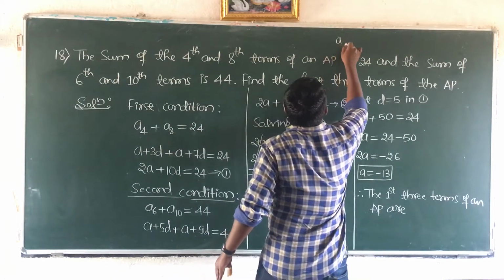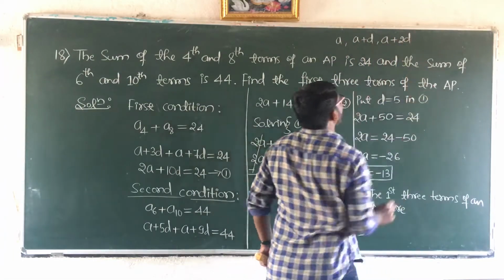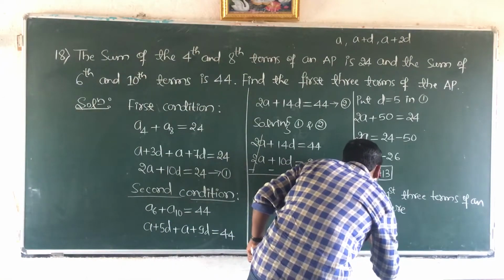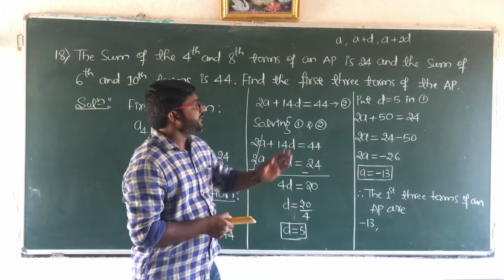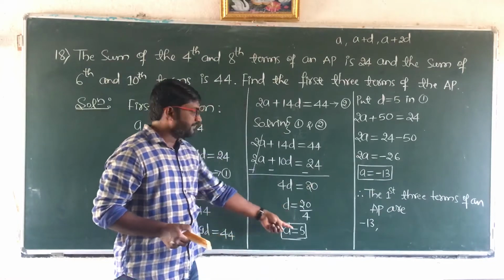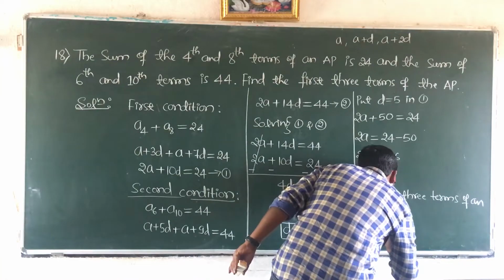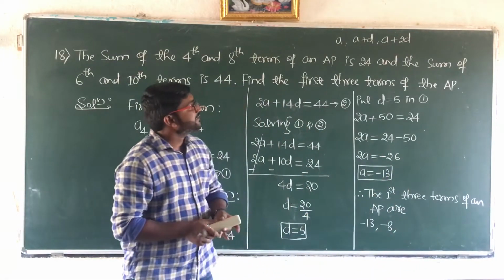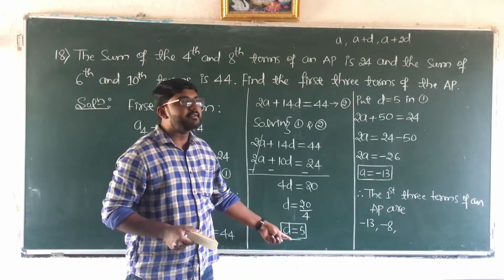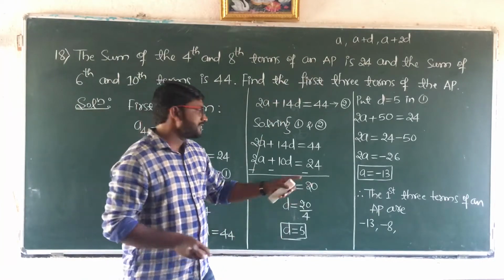A is minus 13, so the first term is minus 13. The second term is A plus D, that means minus 13 plus 5, which gives us minus 8. Then the third term is A plus 2D. First 2D: 2 into 5 is 10. Then minus 13 plus 10 gives us minus 3.